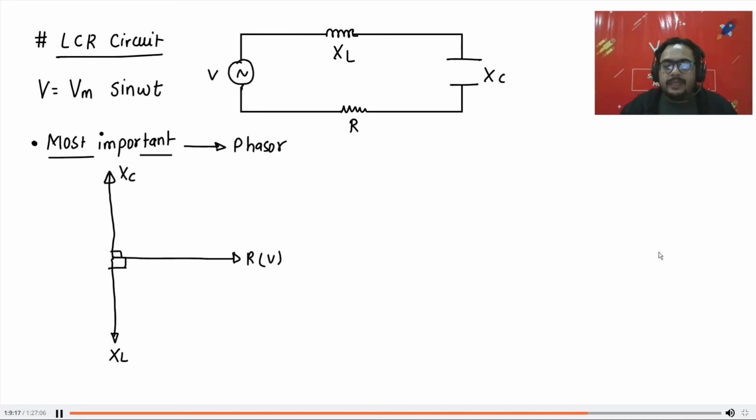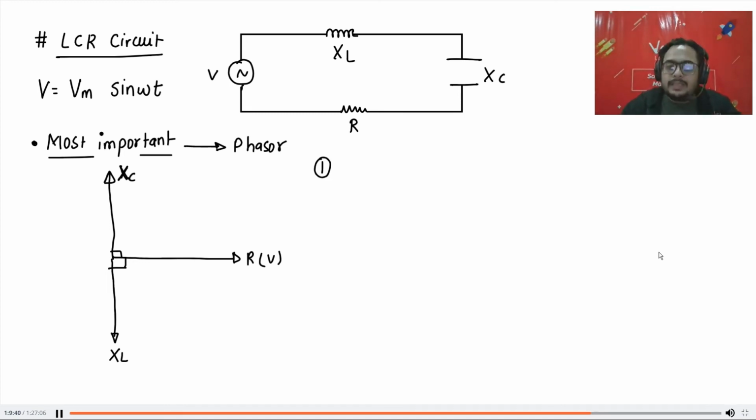Now two things can happen. Phasor is clear to everyone? Always draw this diagram. Always remember this: resistance on horizontal, XC above, XL below. Are you getting my point?